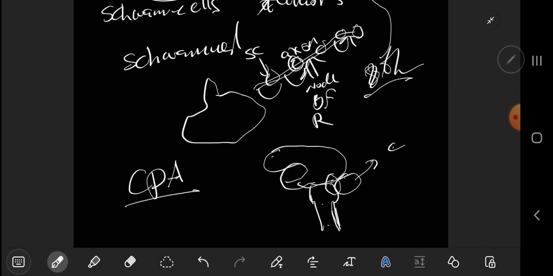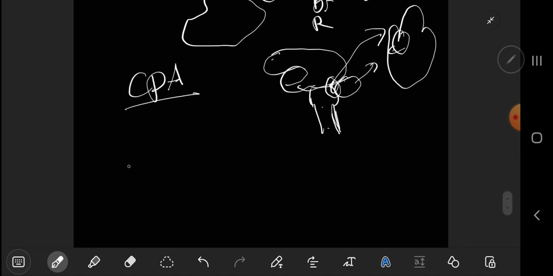So here in the cerebellopontine angle, the tumor can arise, and maybe in the axial position it's here, and the tumor arises, and it can push and compress the 8th cranial nerve and therefore cause the symptoms of vestibular schwannoma, which are sensorineural hearing loss, especially in high frequencies, and tinnitus.